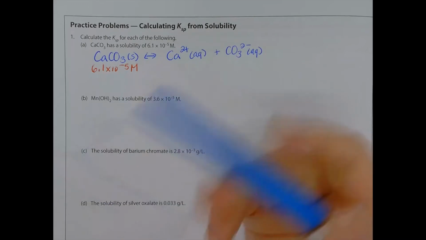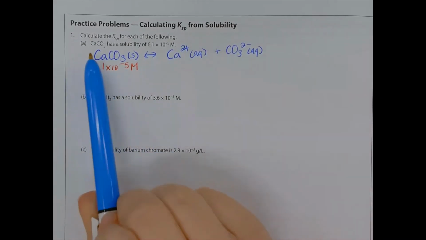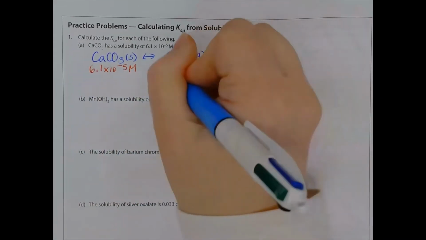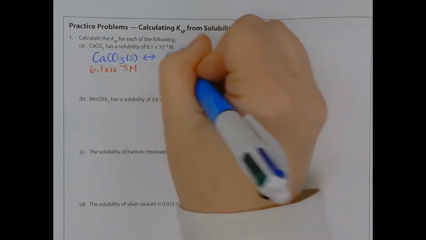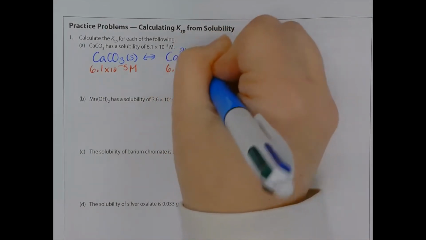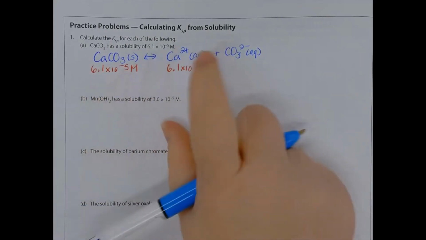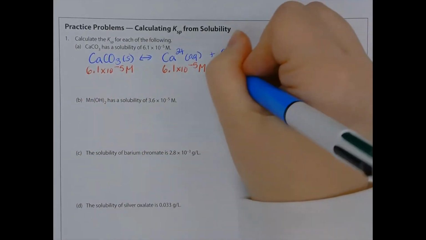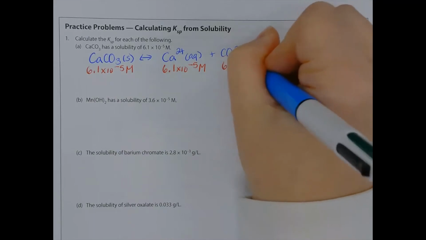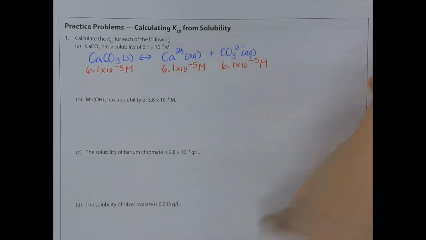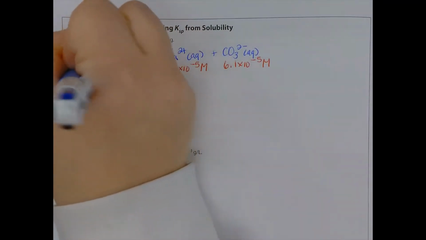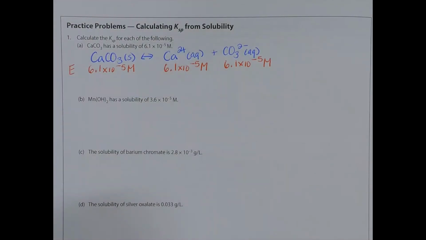We can relate them with their mole ratio. Well, if it's a 1-to-1-to-1 ratio, it's all going to be the same amount. So if the concentration of the chemical when it dissolves is going to be this, then the concentration of each ion is also going to be that number. Okay, so this is basically that equilibrium line from our ICE table.